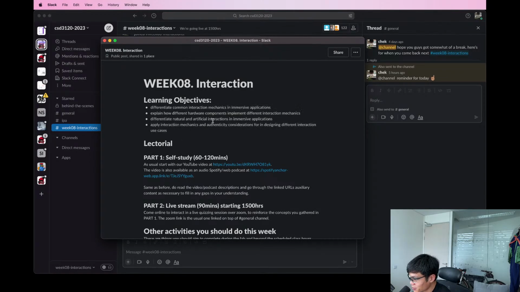So: differentiate common interaction mechanics in immersive applications. I'm using a few terminologies here which are not the most common, because VR and AR are not the most mature field of study, or even field of practice.